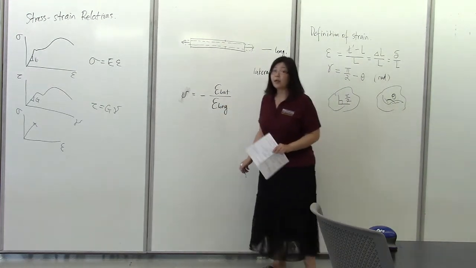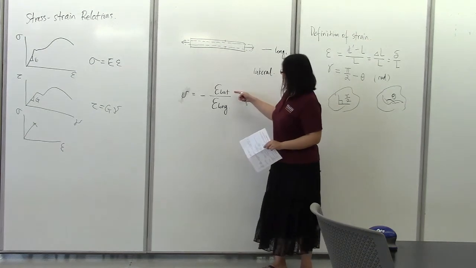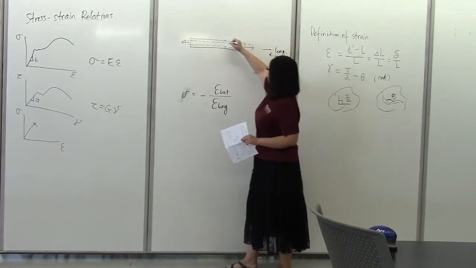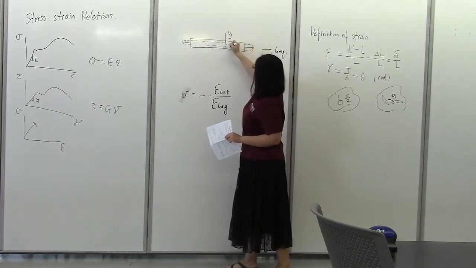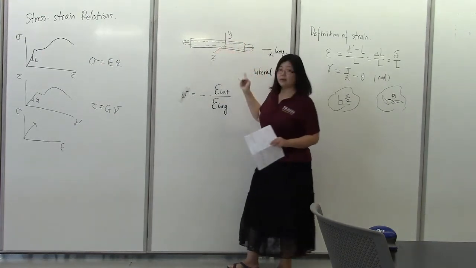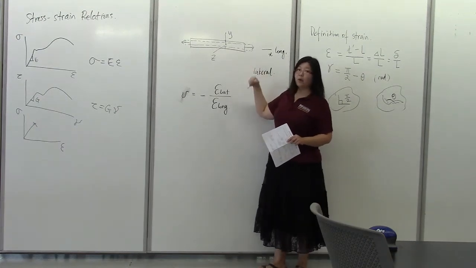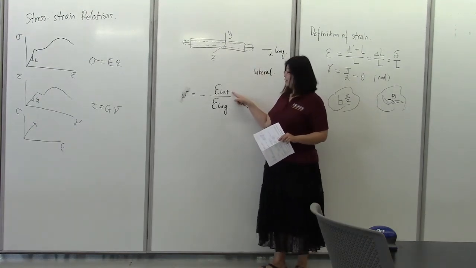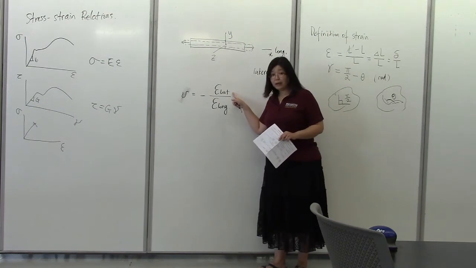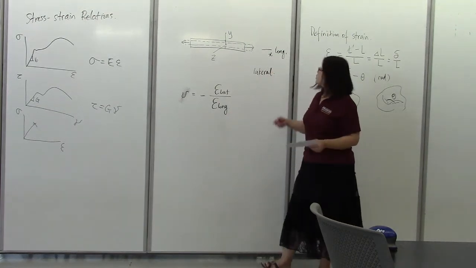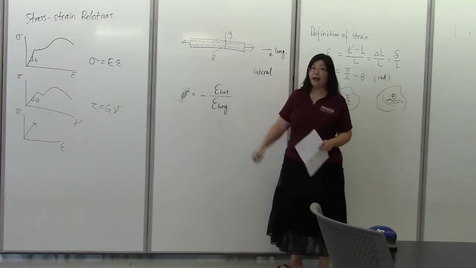So, if I call the longitudinal direction x, then we have either y or z to be the lateral direction. The change of dimensions in either y or z directions is defined as epsilon lateral. And epsilon longitudinal is the dimensionless change of length in the x direction.